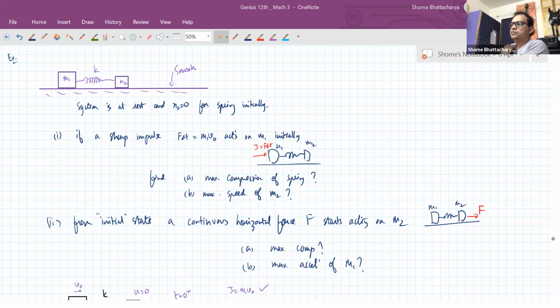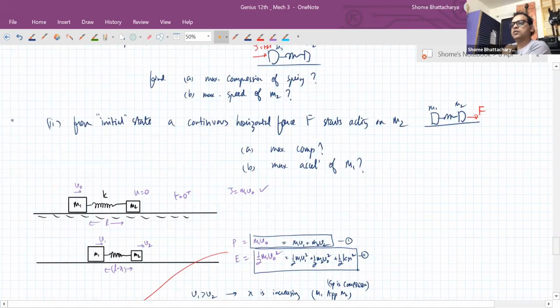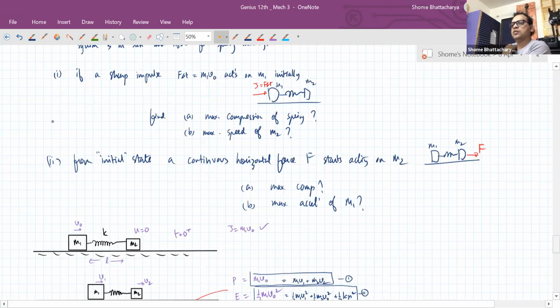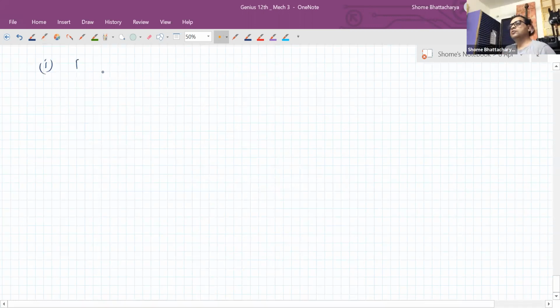Okay, now, so this is the fundamental method of solving the question. So this was part 1 by fundamentals. Now let's see it by the SHM method.